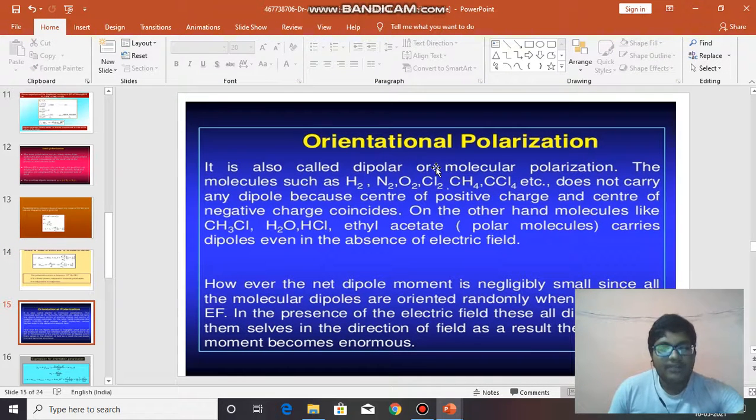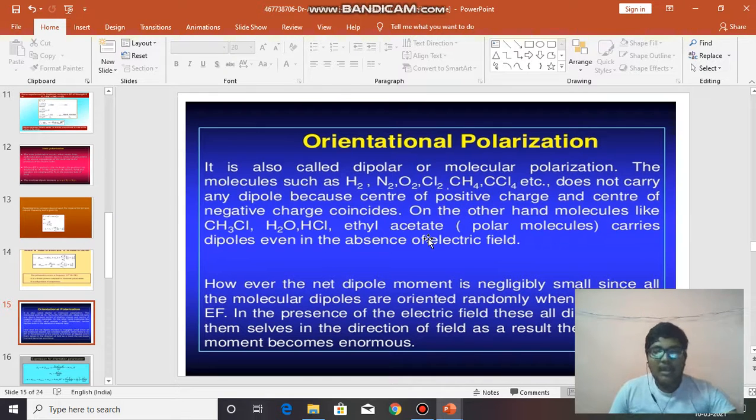And finally, the orientational polarization. It is also called dipolar or molecular polarization. Molecules such as H2, N2, O2, Cl2, CH4, CCl4, etc. do not carry any dipole because the center of positive charge and the center of negative charge coincide.